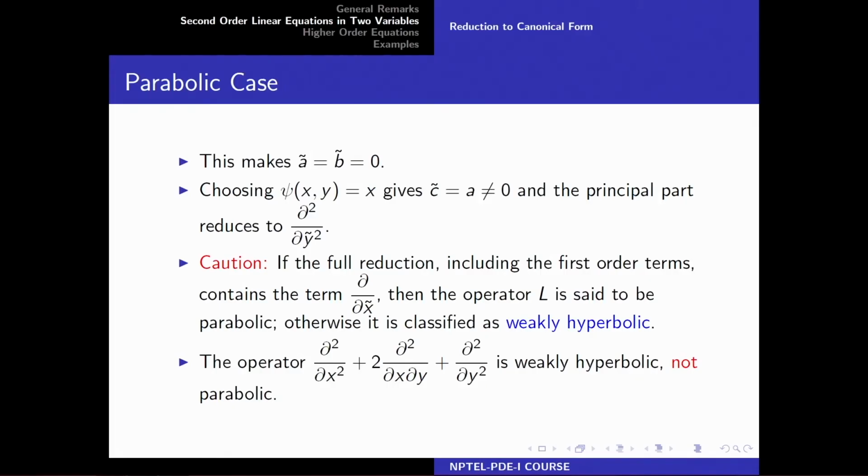Okay. So, either parabolic or weakly hyperbolic we can do that, and now the only case that is left is a c minus b square greater than 0 and that is a bit tricky, that we will take up in the next lecture. Thank you.